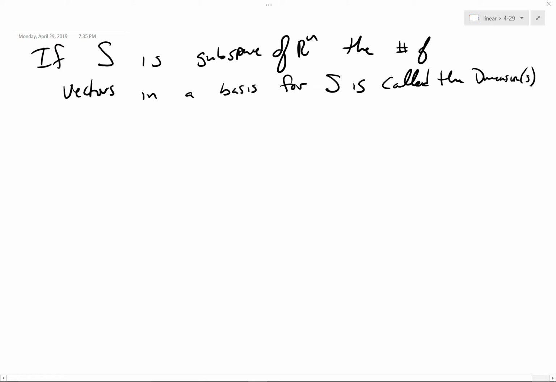And so the row and column spaces have the same dimension. This will always be true. Row space of A and column space of A have the same dimension.